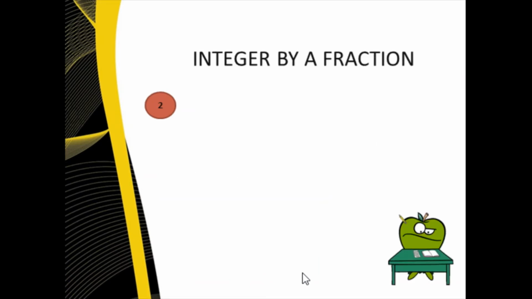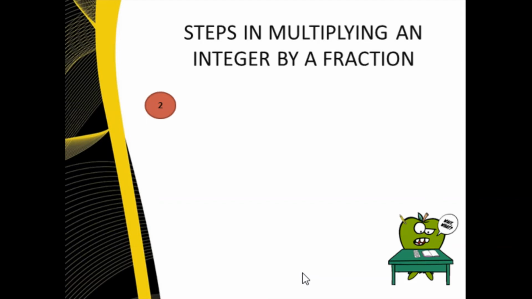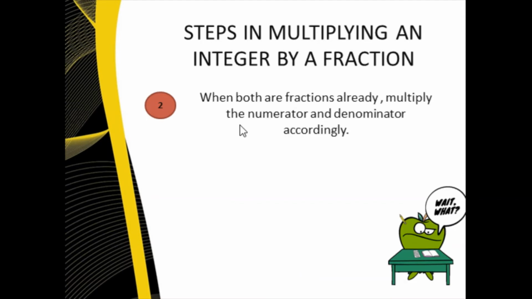The third step, after writing it both as a fraction, multiply the numerator and denominator accordingly. They are all the same form already, so we multiply numerators and denominators. So let's see.